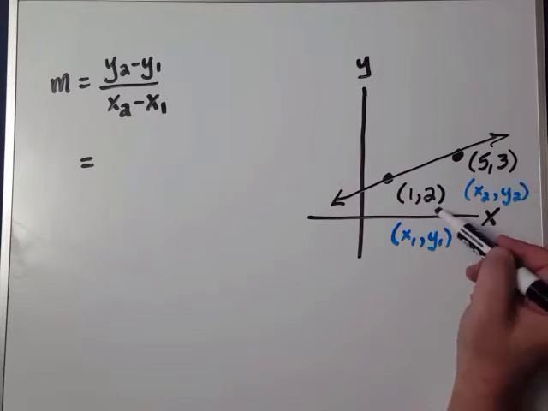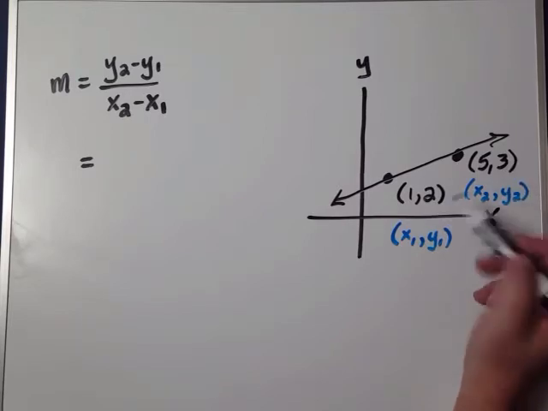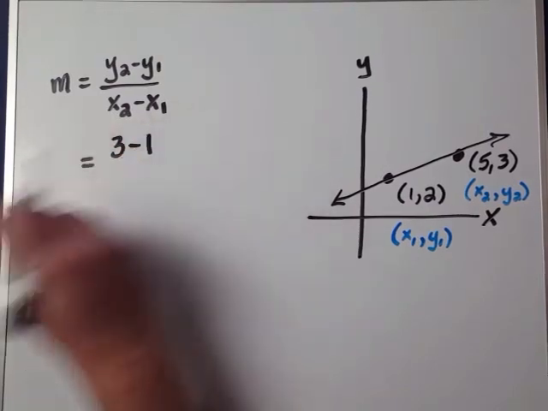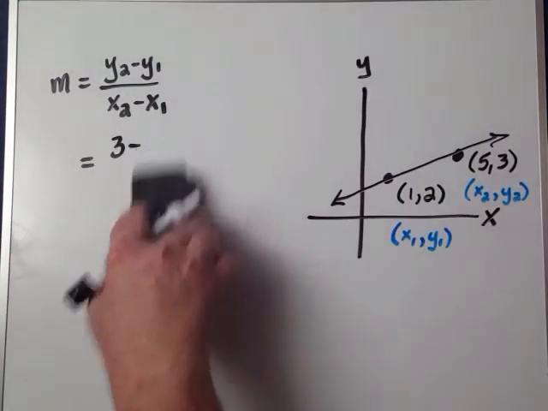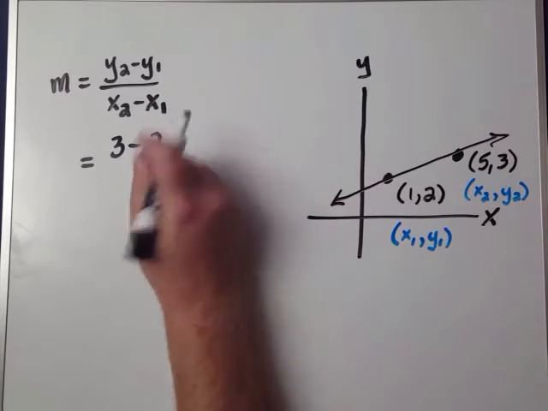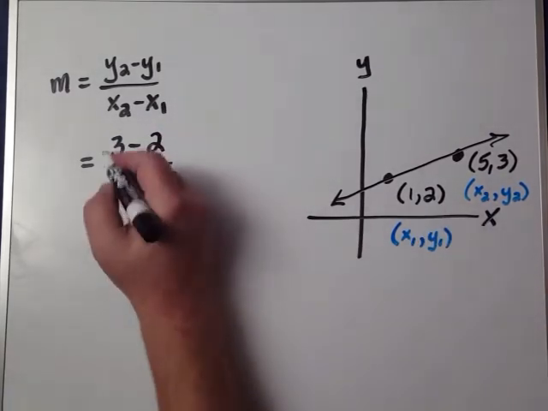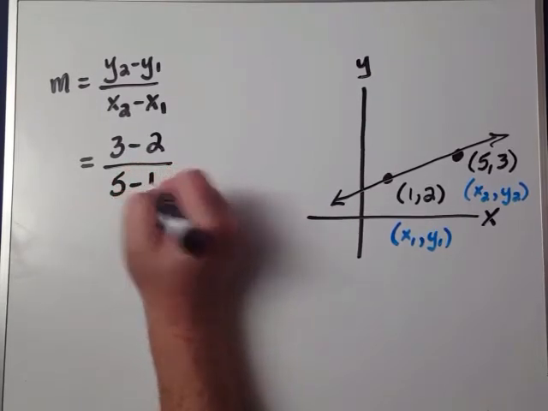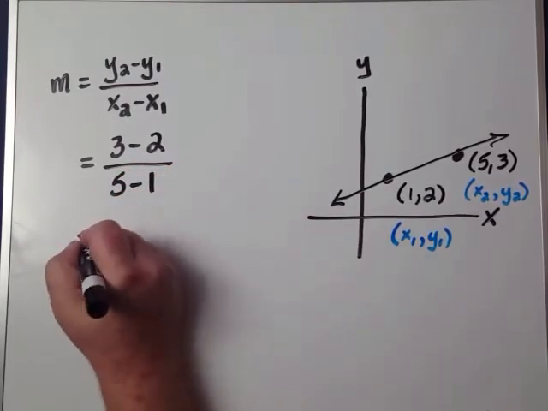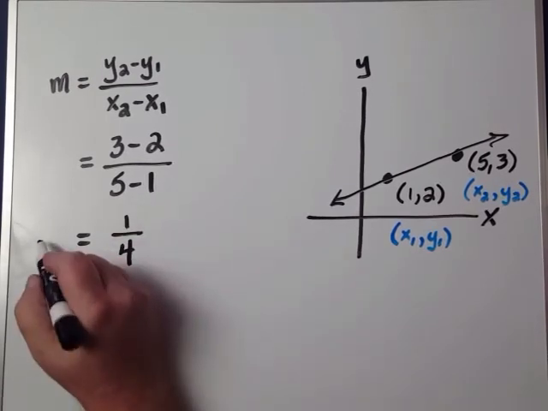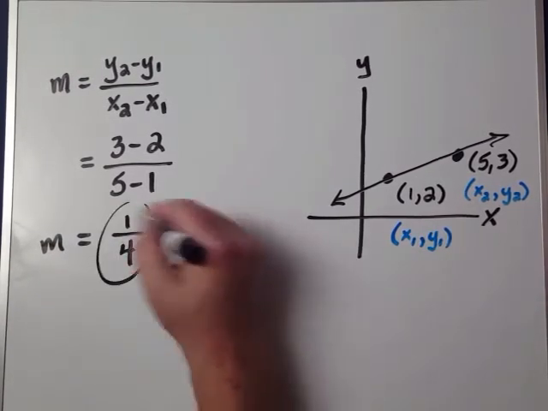That's going to be 3 minus 2, over the difference in the x's, 5 minus 1. That'll give me 1 over 4. And so my slope is 1/4.